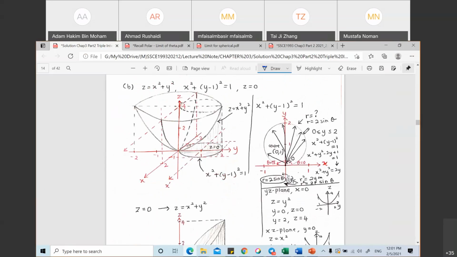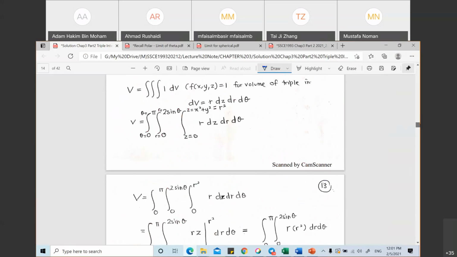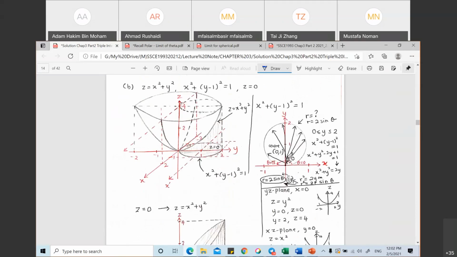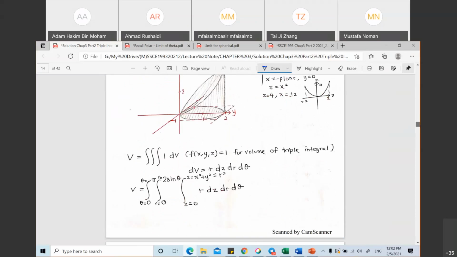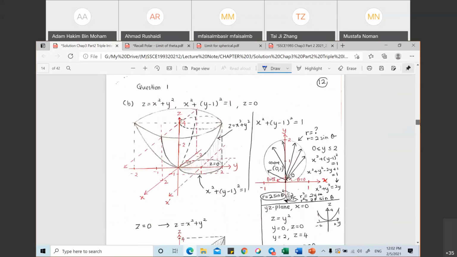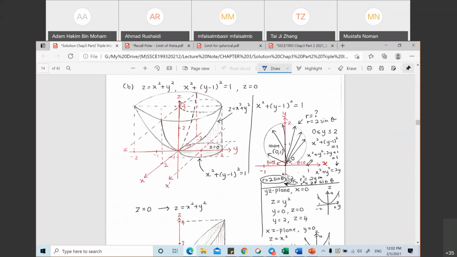Here it will be 2 sin theta, because it is on the y-axis. That's why it is 2 sin theta, as you have learned in Engineering Mathematics 1. For a circle that is on the y-axis it will be sine, and if the circle is along the x-axis the radius will be cos. And then your theta is what? If you see this, theta is from here to here, which is 0 to pi.